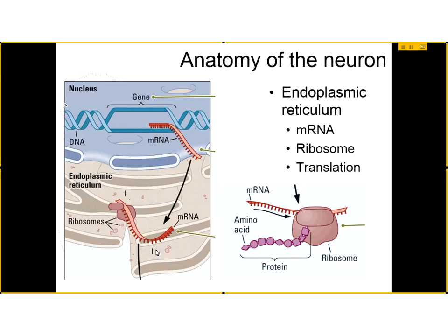The rough endoplasmic reticulum has a bunch of ribosomes, and that's where the messenger RNA will go and interact with the ribosome to make the proteins through a process of translation. So it takes the code that the messenger RNA is carrying and turns it into the protein that actually will be used by the cell or the neuron to increase or enhance the functioning.